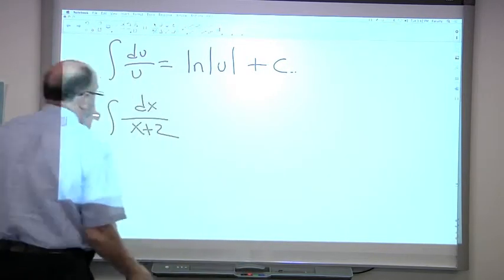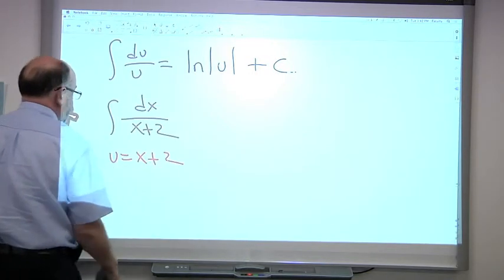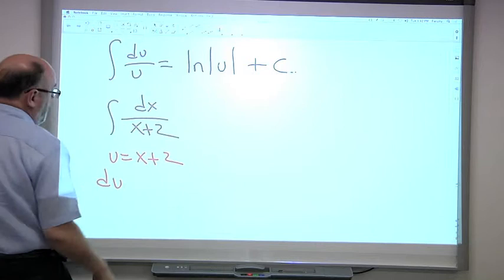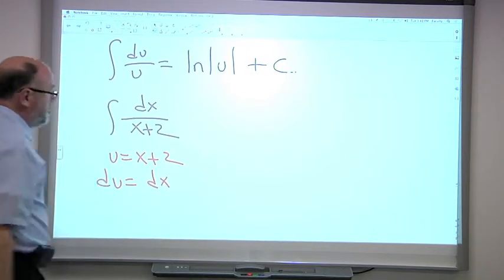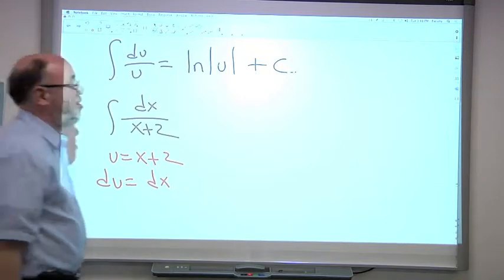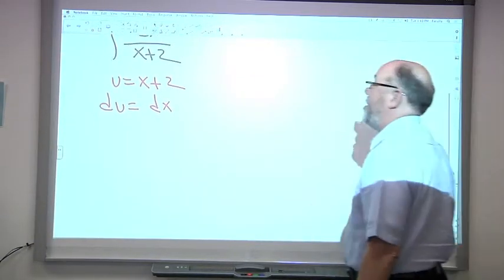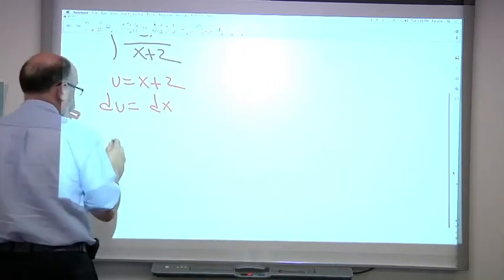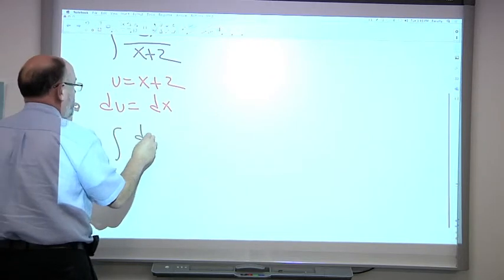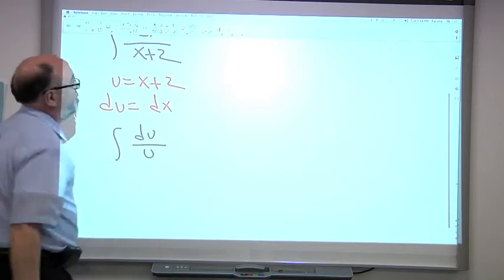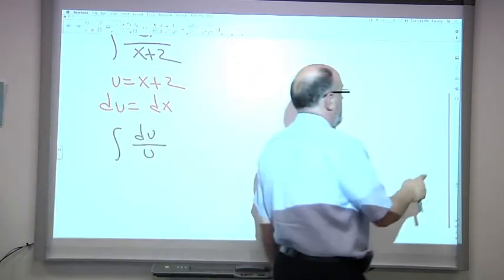Well, again, I can say that u is going to be x plus 2. du, well, the derivative of x is 1, so du is just going to be dx. And so we can now substitute. And we end up with the integral of du over u, which is our basic form that I just had up above.